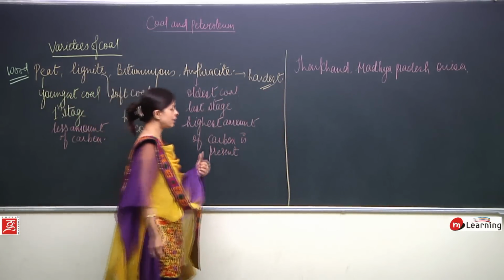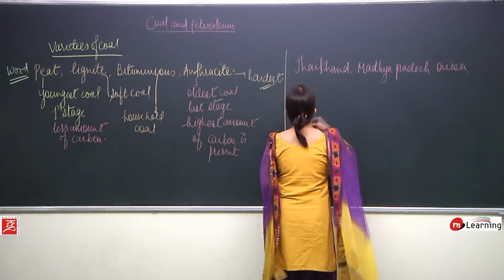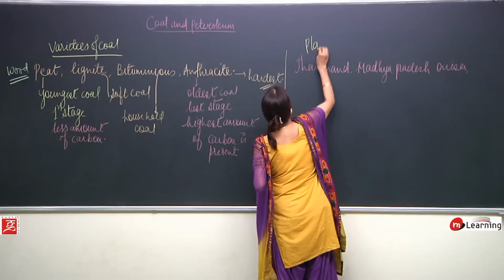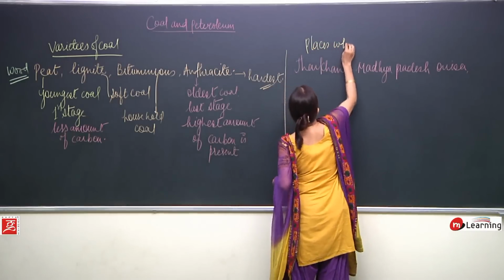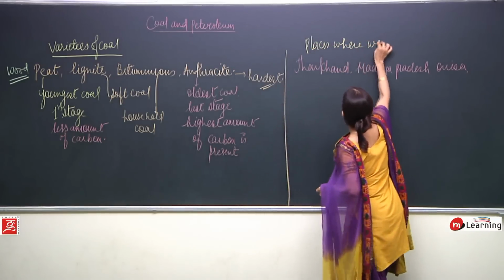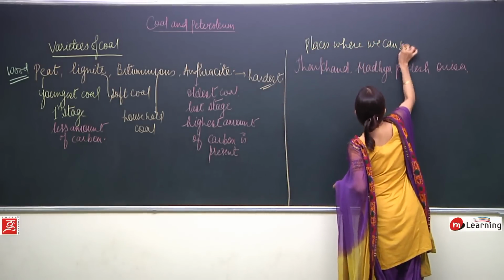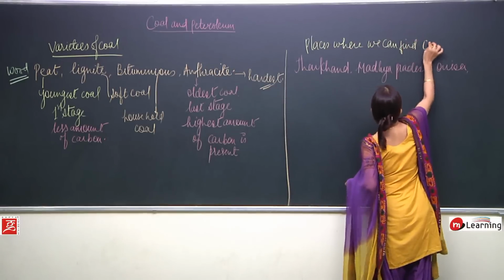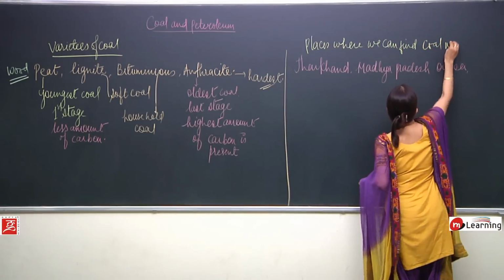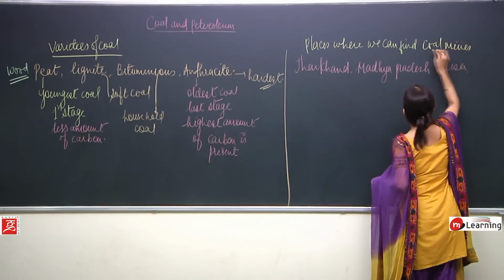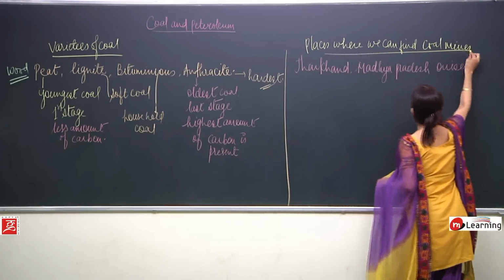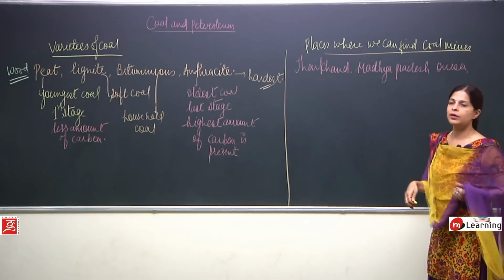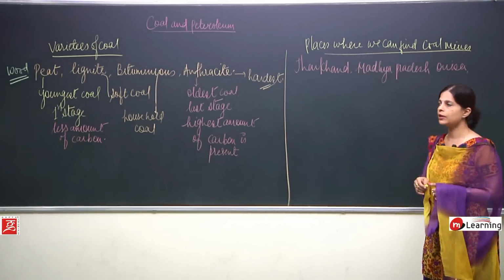Okay. So I will just write the heading over here: places where we can find coal mines. I am talking about India. I am not talking about any other country.